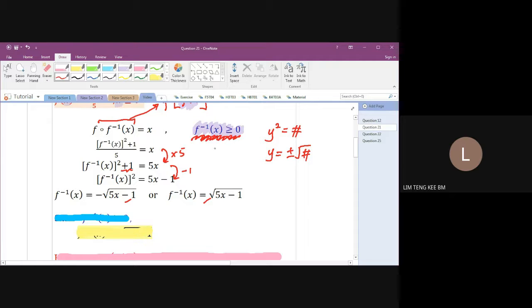If you notice, this actually refers to the range of the inverse function of f. If you refer to both of these functions here, you find out that the one that fulfills this condition for its range, which is greater than or equal to 0, will be the case where I have the positive square root. And therefore, there comes the conclusion for the answer.